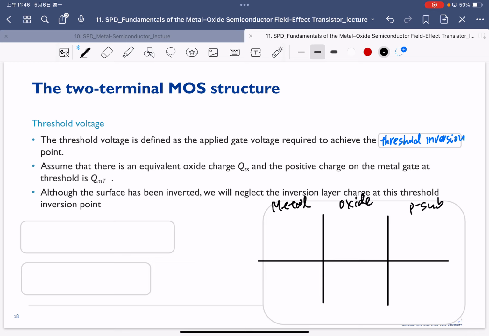Here we have the QSS prime, and we also have a QNT here.